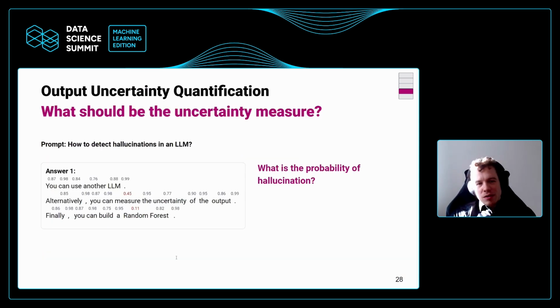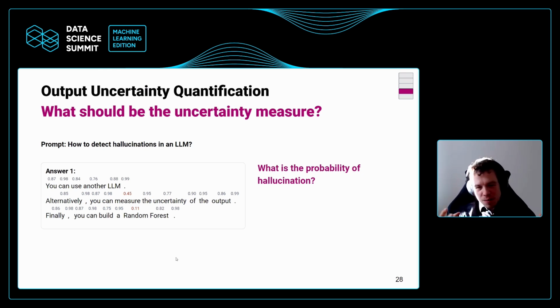And now we go to the levers that we can pull, the things that we can adjust when it comes to output uncertainty quantification. So the first question is, how can we take these numbers and turn them into one number that will tell us the probability that a given paragraph is hallucinated? So what is the probability of the hallucination given the token probabilities?